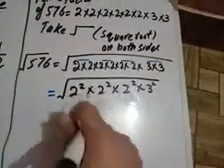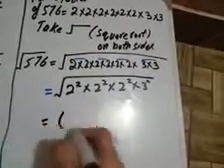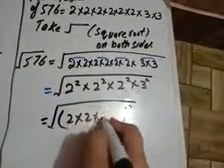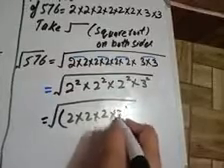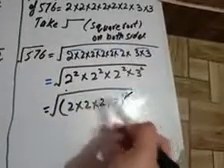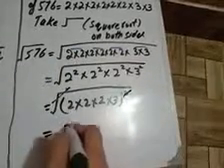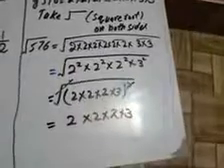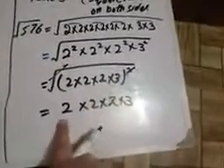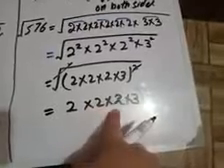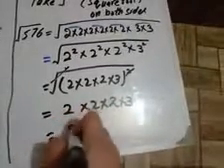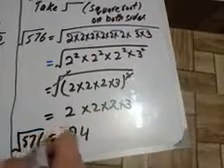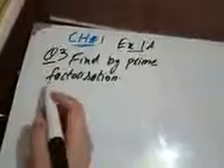As the indices of the numbers are the same, combine them. 2 multiply 2 multiply 2 multiply 3, square. The square cancels out with the square root, it gives the remaining numbers 2 multiply 2 multiply 2 multiply 3. So multiply them, 2 2s are 4, 4 2s are 8 and 8 3s are 24. So the square root of 576 is 24. Let's take another part.